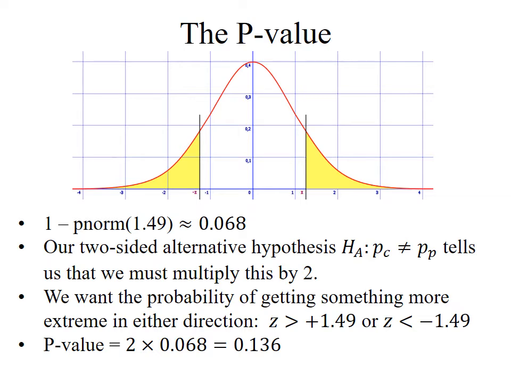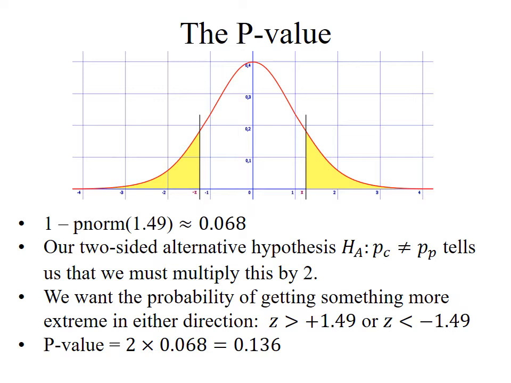In this case, I have a positive z-value, positive 1.49, and I want the tail, not the body. So I do 1 minus pnorm of 1.49. I want the probability of getting 1.49 or more, and I get 0.068. There's a 6.8% chance of getting something like that. This is a two-sided alternative hypothesis.